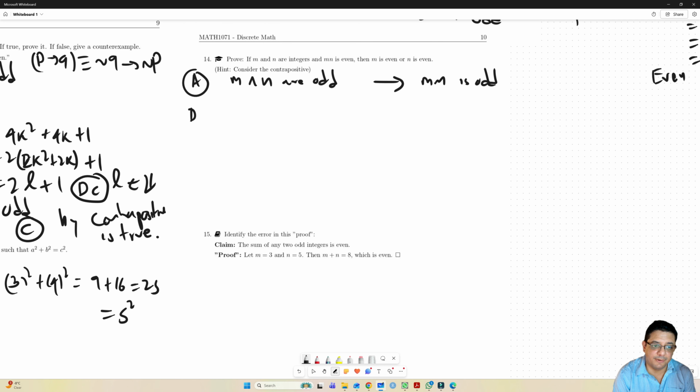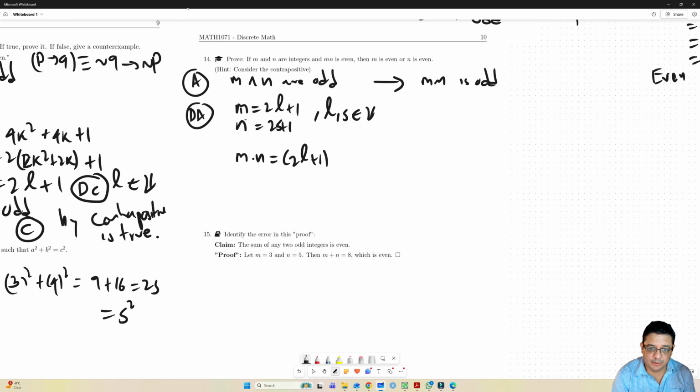Okay, so by the definition of the assumptions, if both are odd, then I can write m as 2l plus 1 and n as 2s plus 1, where l, s are integers, and then I can make the multiplication m times n, and this is (2l plus 1) times (2s plus 1). We already saw this proof a little bit. The only difference is that now we're having this proven by contrapositive. But we actually proved this in the previous video.